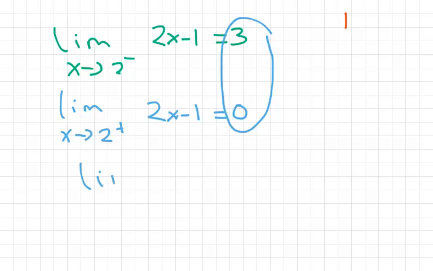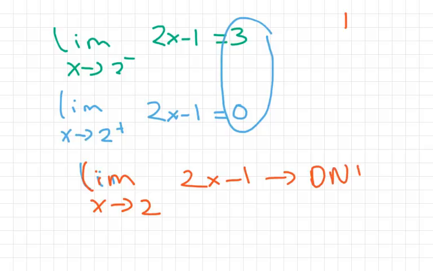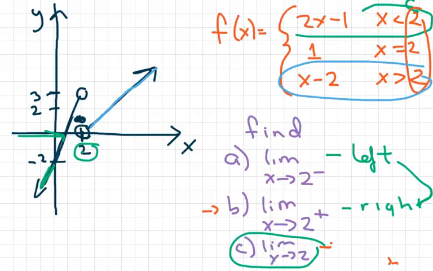The limit, let me do this in red, the limit as x approaches 2 of 2x minus 1 does not exist. And that's where we're going to talk about continuous. This is not a continuous function. As you go up, it jumps. All right? So it's not continuous.